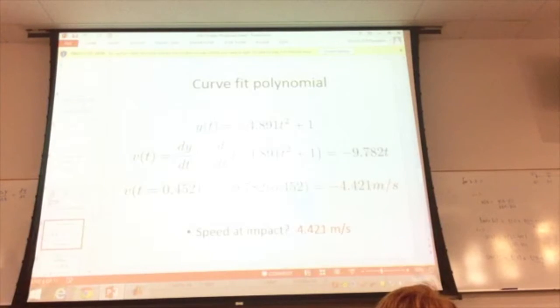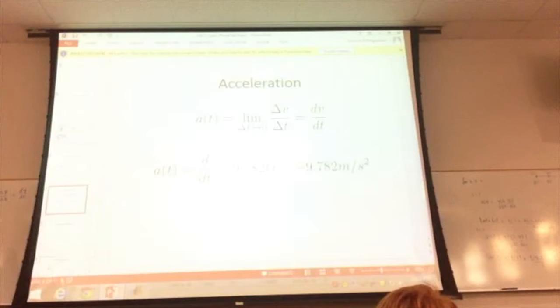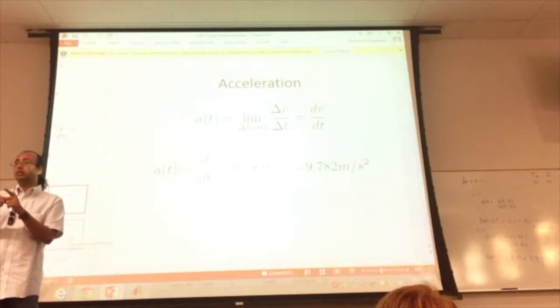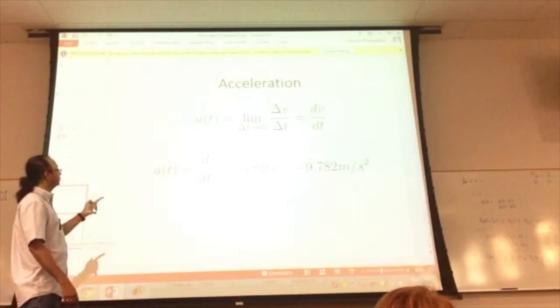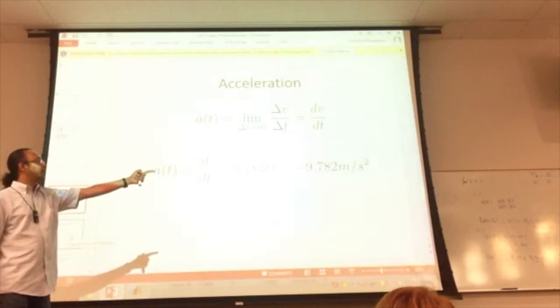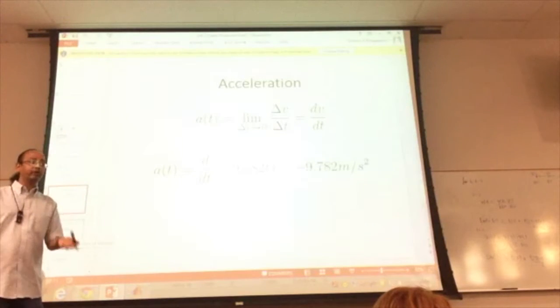Okay. So if you want to find acceleration, you would differentiate velocity once more. So you would take the difference between two velocities divided by time, and that would give you what acceleration is. And it comes to 9.782. Right? So it's a free fall.